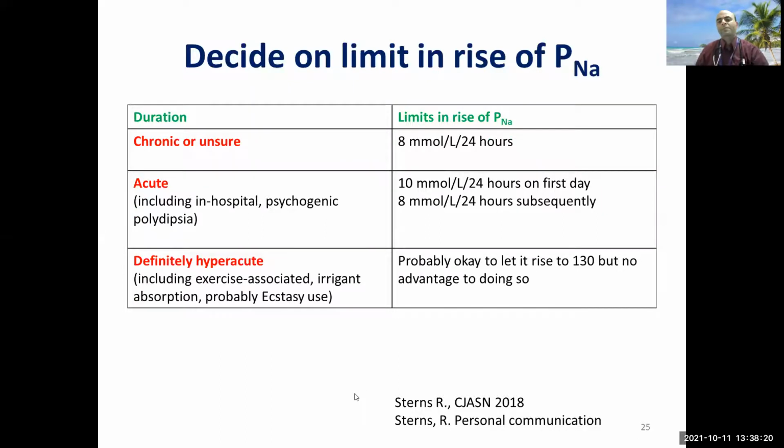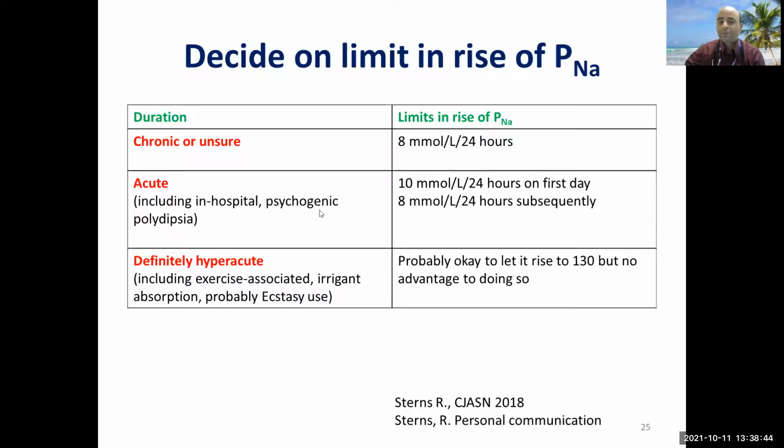When you decide to limit the rise of your plasma sodium, what is the best time to decide to limit my sodium rising? If the patient is chronic, or you are not sure whether this patient is chronic or acute, just 8 millimole per 24 hours is your limit for raising your plasma sodium.